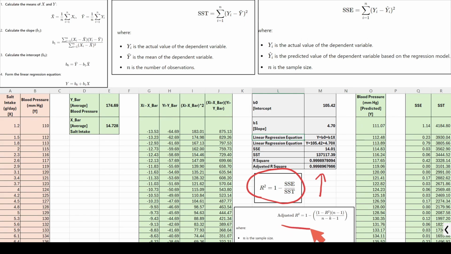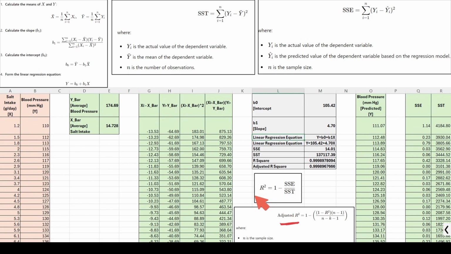And in case of adjusted r square, if we include any irrelevant independent variable, it is going to penalize for it, and the value of adjusted r square is going to go down. Hence, whenever you are working with linear regression, always make sure that to assess how well your model is performing, you look at the adjusted r square value.